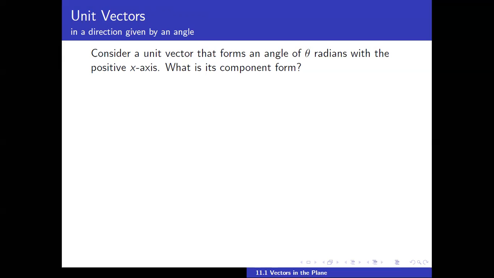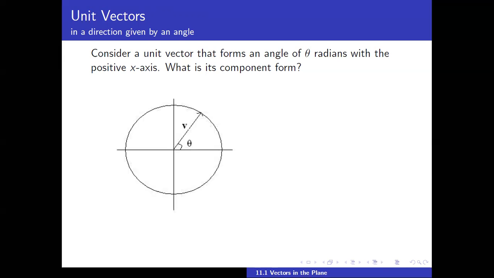Therefore, using theta for my angle is not confusing, because that angle is the same as it was for the polar coordinates. What is its component form? Here's the situation: this vector v has length 1, so its terminal point is right on the unit circle.